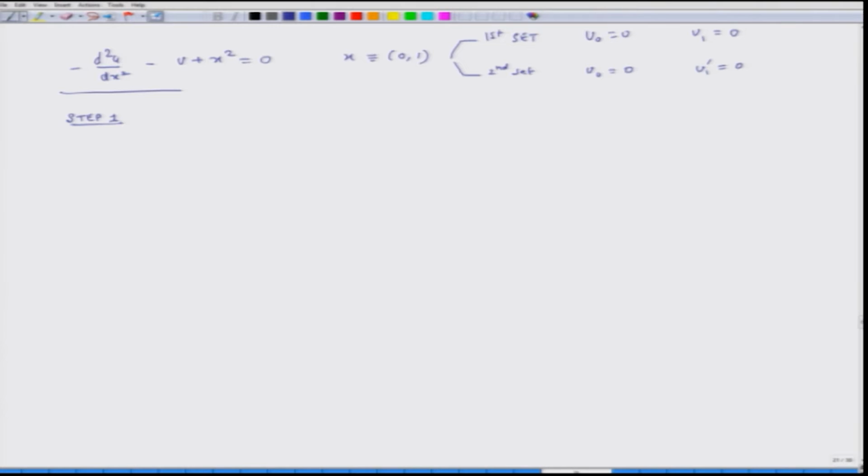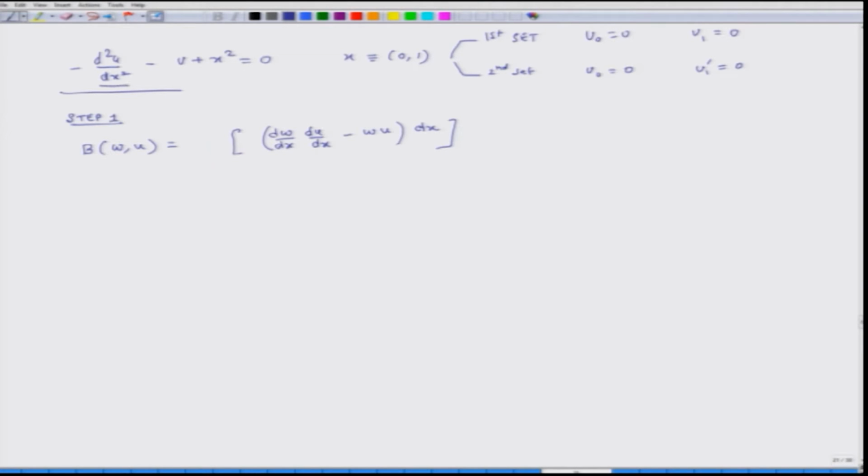So, what is that functional? And this is equal to, so this is B of W. How do we get this?